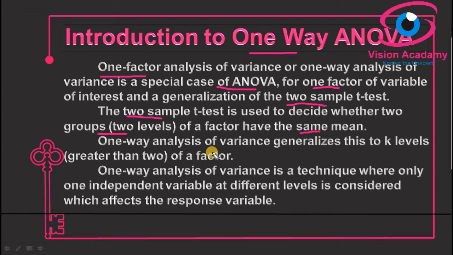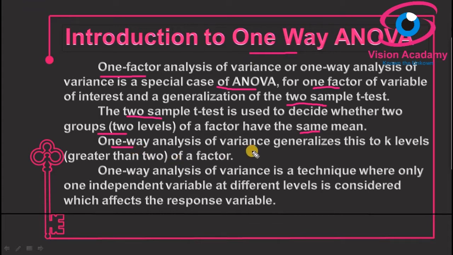But the question comes to our mind: what about more than two samples? In such cases, you are not allowed to go for a two sample t-test because its assumption does not allow you to. It is formulated only for two samples, not more than two. When you have one factor and more than two samples, then you must go for one-way analysis of variance, which is a very important distinction between the t-test and one-way ANOVA.